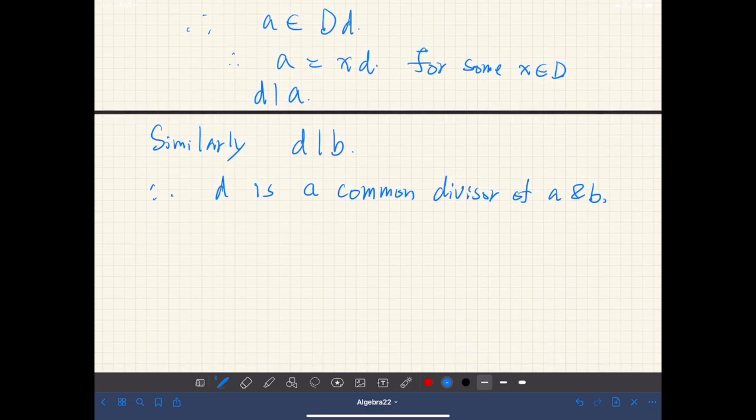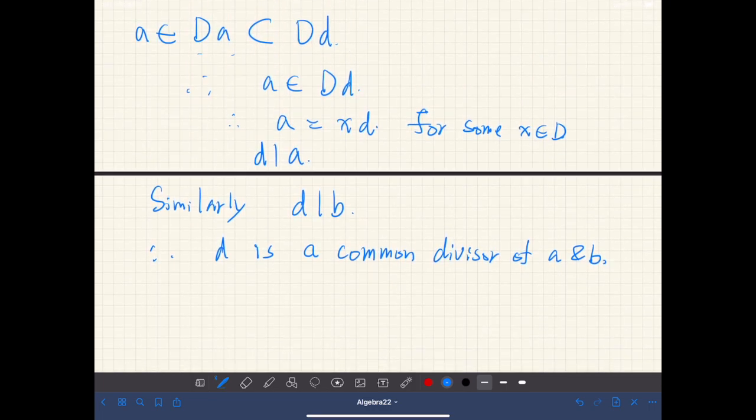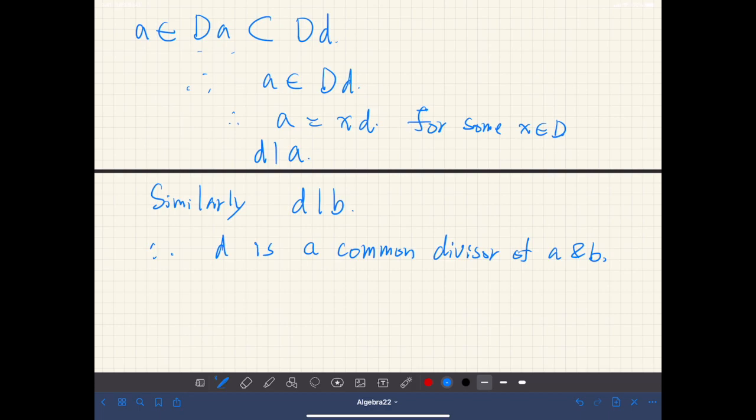Next, we show this d is indeed the greatest common divisor of a and b.